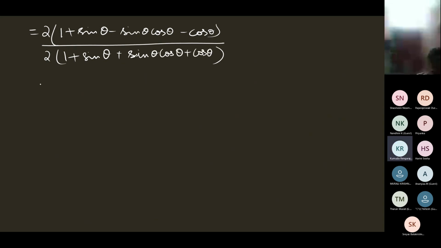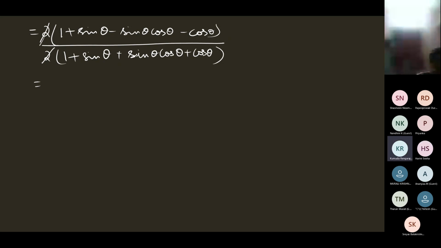Now next what? Yeah, you can cancel out 2 in the numerator and the denominator. Very good. Now how many terms do we have in the numerator and denominator? How many terms are there in the numerator? 4, ma'am.